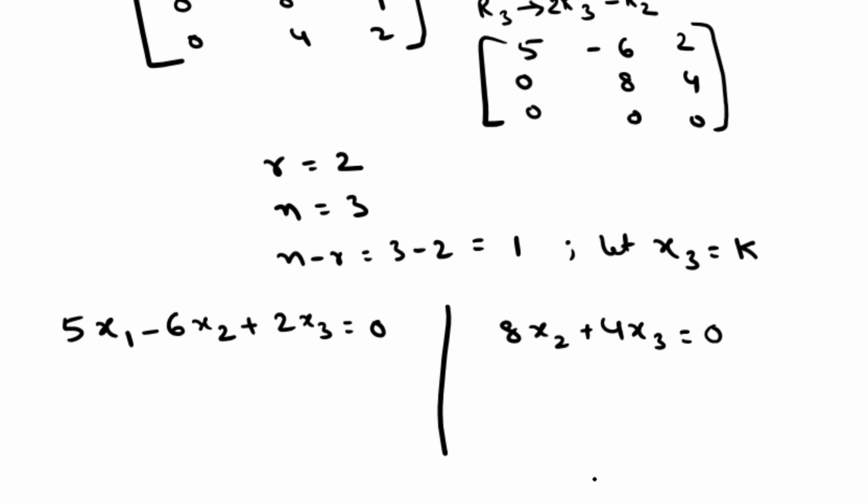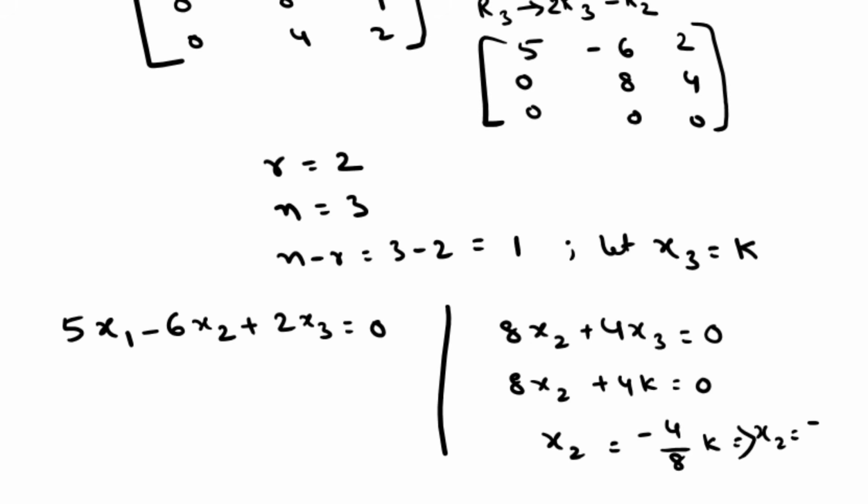Now from the second equation, 8x2 plus 4k equals 0. Therefore x2 is equal to minus 4 by 8k, which implies x2 is equal to minus 1 by 2k.